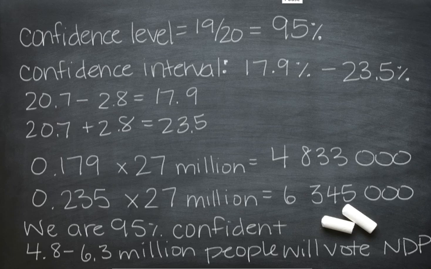Okay, so we multiply that out and we get a range of 4,833,000 to 6,345,000. So in summary, we are 95% confident that between 4.8 and 6.3 million people will vote for the NDP.